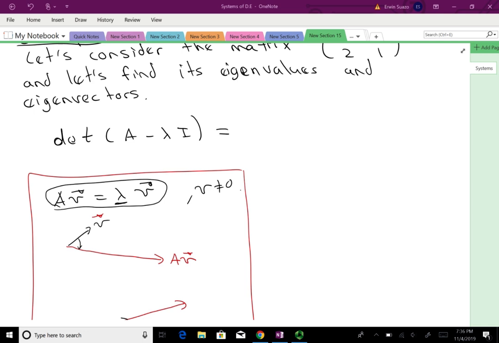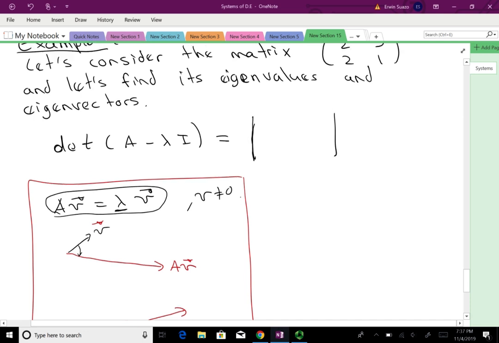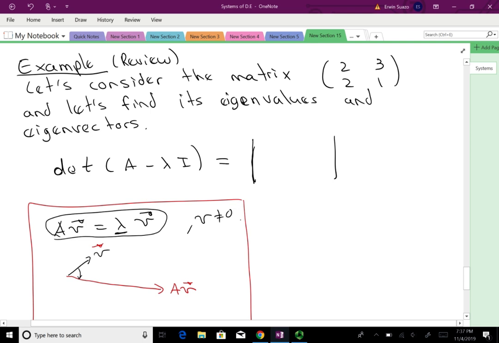So you find your determinant. It's 2 minus lambda. The 3 doesn't change, because we subtract lambda 0 0 lambda, that's the identity times lambda.